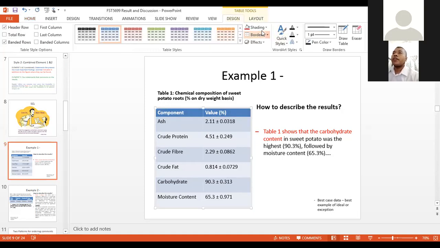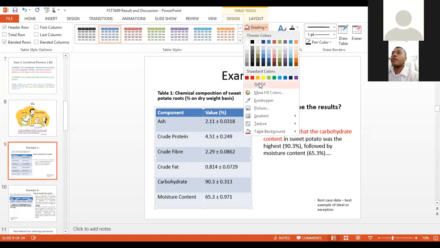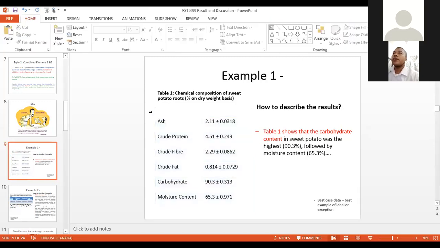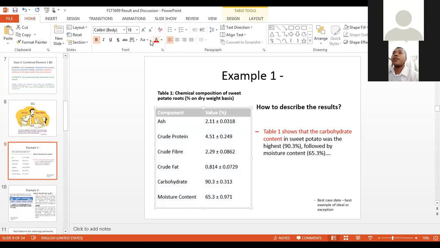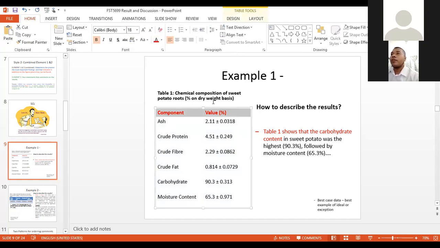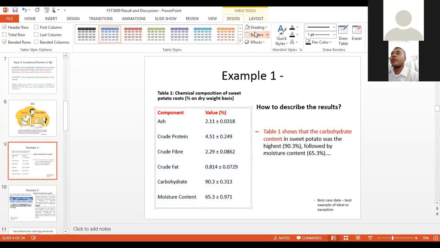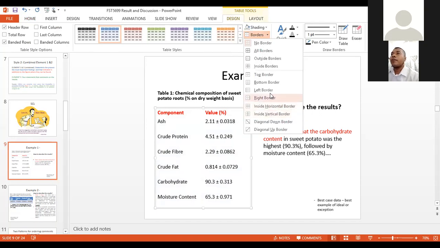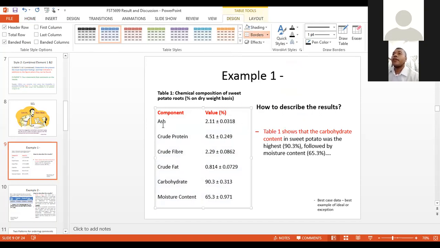Okay, I have to remove the shading. The first one, you have the line on the top. So that is the first one. The second rule, line at the bottom. Okay.